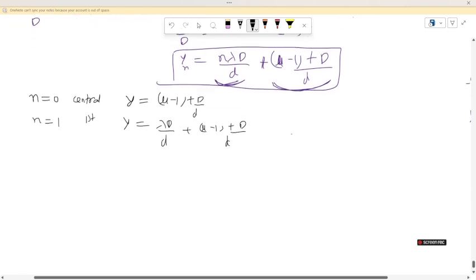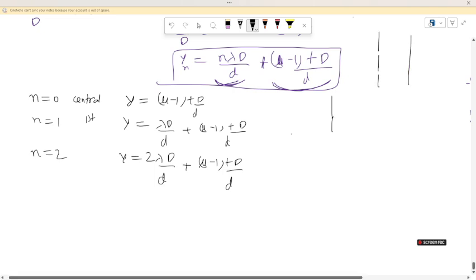Similarly, we can calculate for n equal to 2 as well, the second maxima: 2 lambda D by d plus (mu minus 1) t D by d. So we can see when there was no slab, the central maxima was at y equal to 0, the first maxima was at lambda D by d, and the second was at 2 lambda D by d.